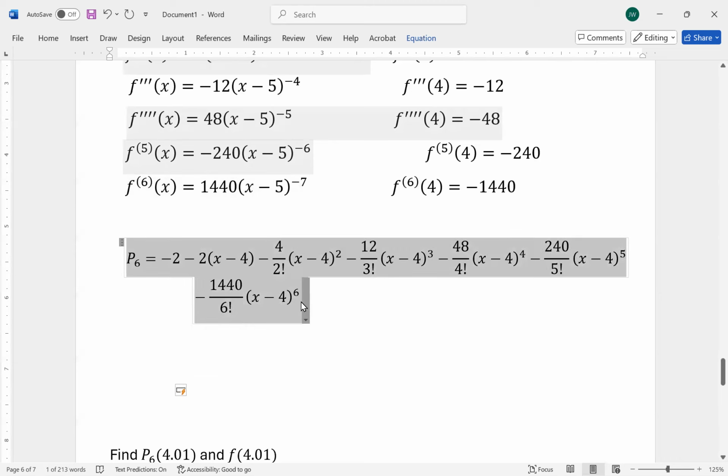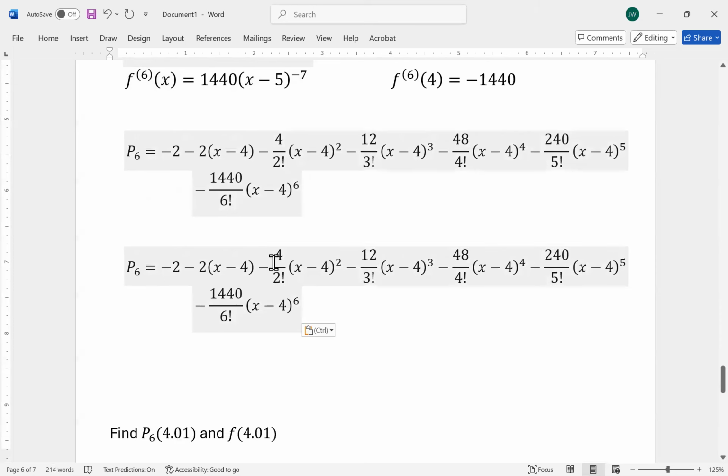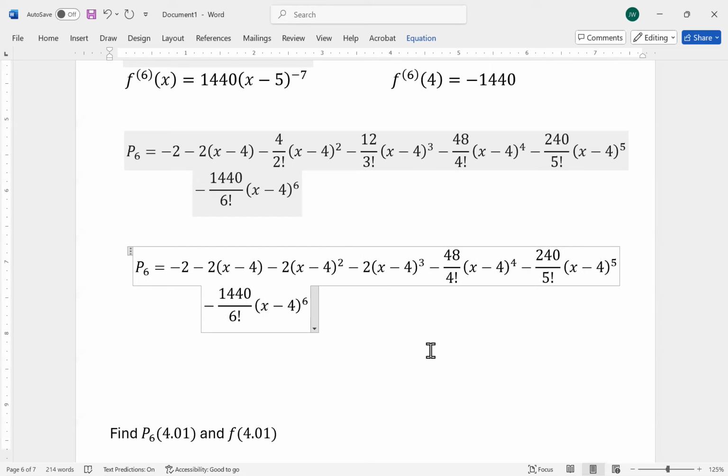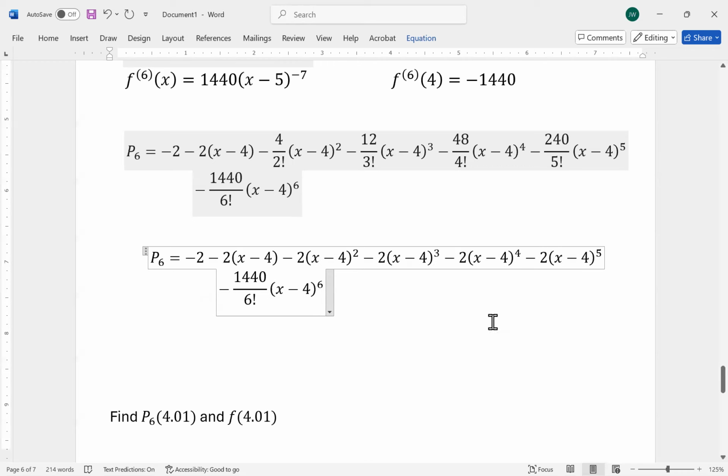Let's simplify as best we can. 4 over 2 factorial is 2. 12 over 3 factorial, that's 12 over 6. That's also 2. 48 over 4 factorial, that's 48 over 24. That's also 2. 240 over 5 factorial, that's 240 over 120, which is also 2.